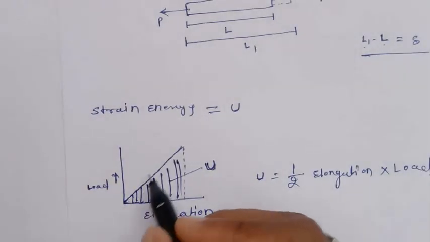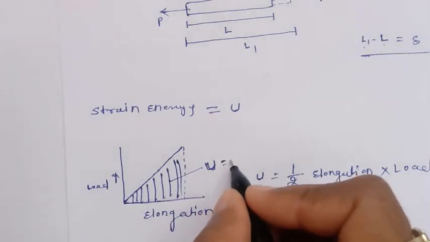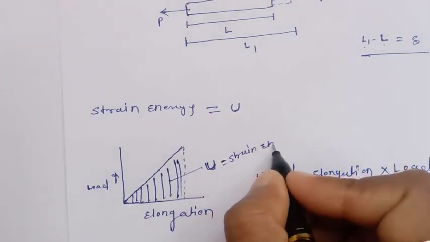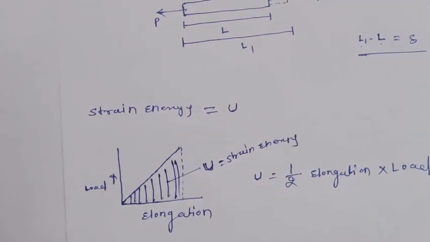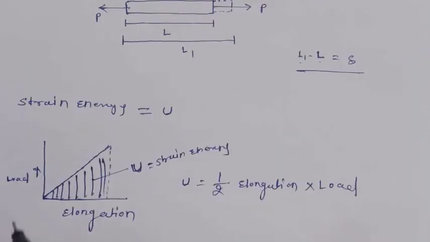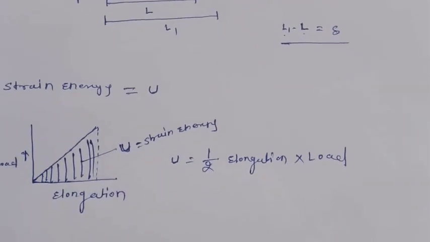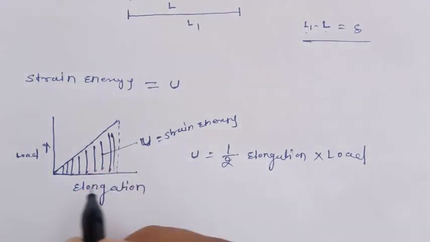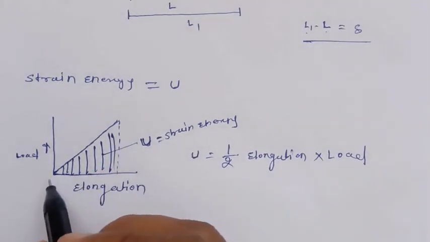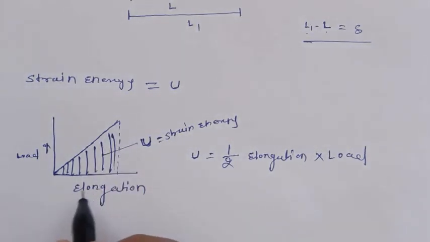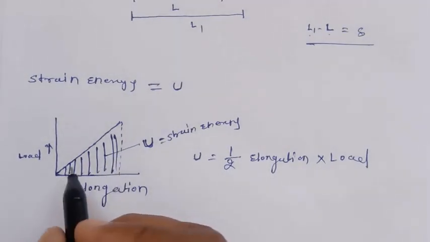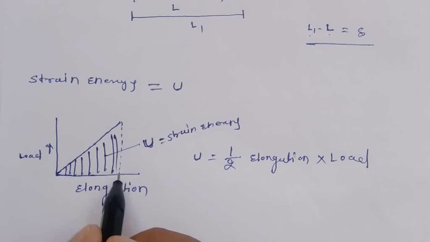The area under this curve is called the strain energy, and because it is a triangle, its area is 1 by 2 into B into H. Here B is the elongation and H is the load.